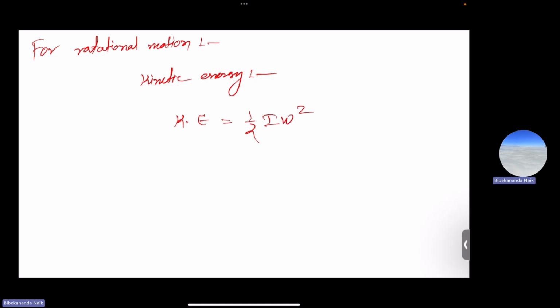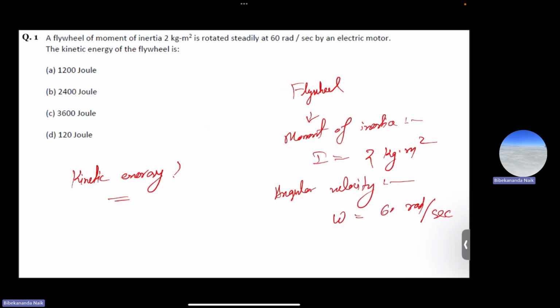Similarly, for translational motion, it is given as half m v square. So mass is analogous to moment of inertia in rotational motion, and similarly for velocity, there is angular velocity for rotational motion. So we have the values. Half into I, we have the moment of inertia, 2 kg meter square, and omega is in radians per second, so we don't need to change any units.